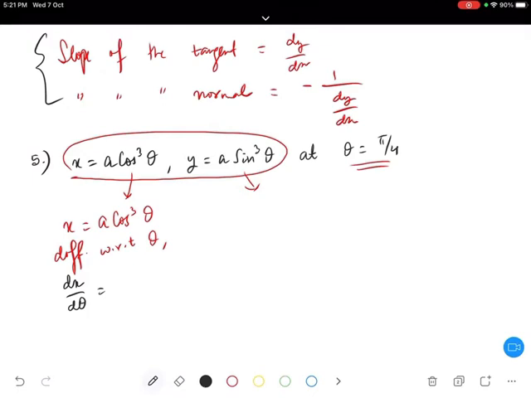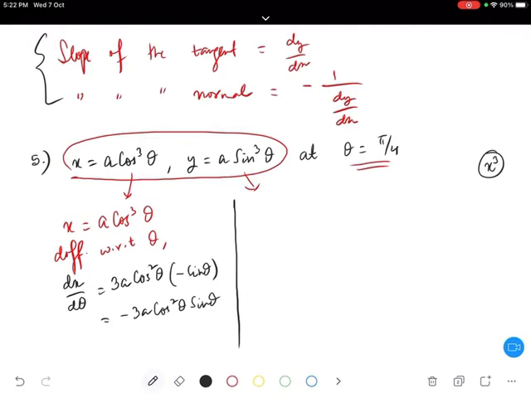Now you remember the differentiation of x cube is 3x square. So I get 3a cos square theta. Then differentiation of cos theta is minus sin theta. Now if I write it nicely, it will be minus 3a cos square theta sin theta. Okay, so this is done for x.